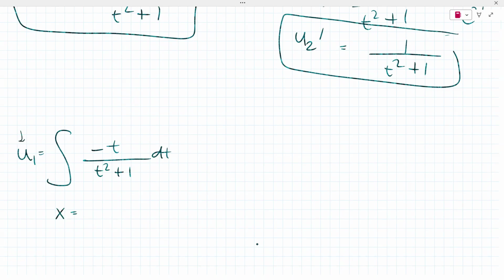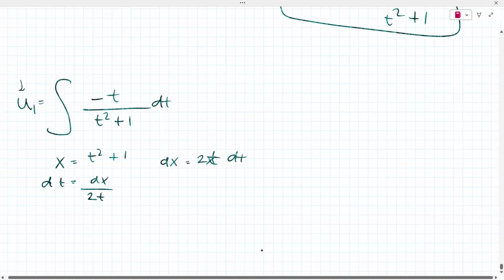So I'm going to let x be t squared plus 1, and then dx is 2t dt. I solved for dt by getting rid of this 2t, so that's just one extra step.